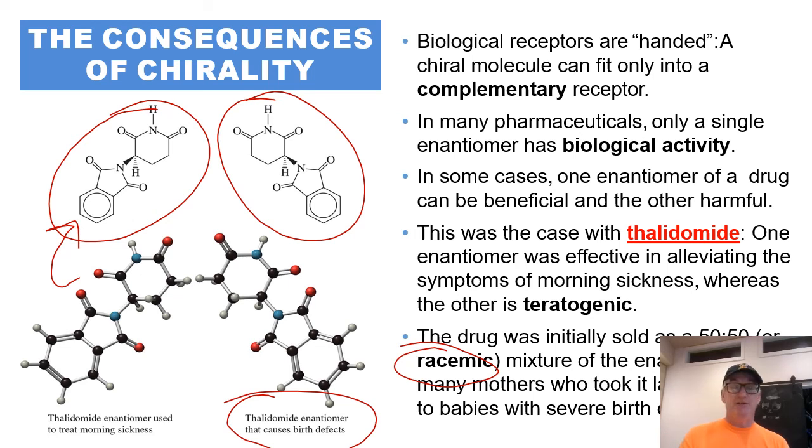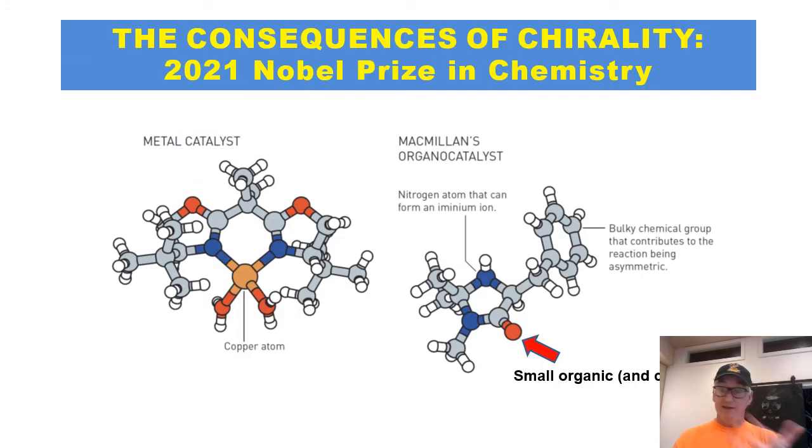And that leads to this year's Nobel Prize in Chemistry. It was given to two chemists, one of whom actually worked as a postdoc, where I was a postdoc in San Diego. It's at Scripps.